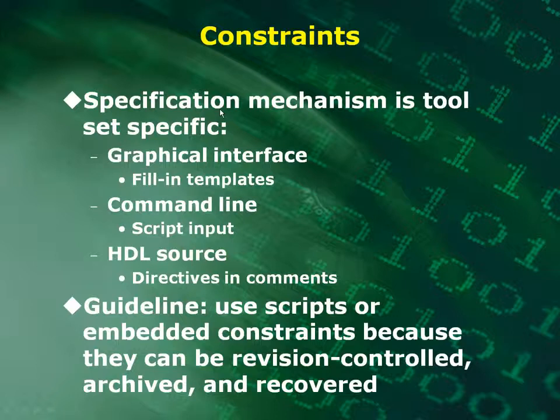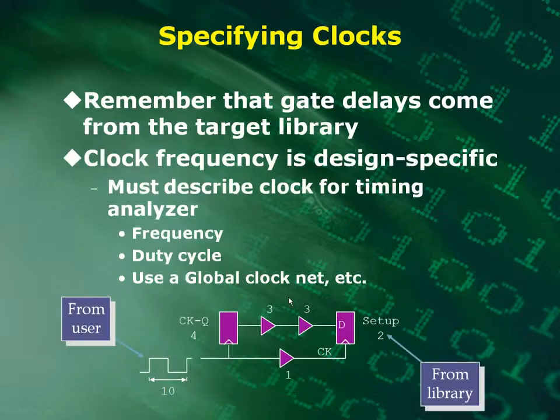Or you may be able to embed directives in comment lines right in your HDL source code. These are the typical methods you would have. I'm probably not as firm on this guideline as I used to be.